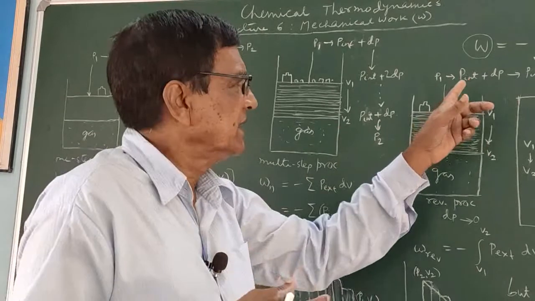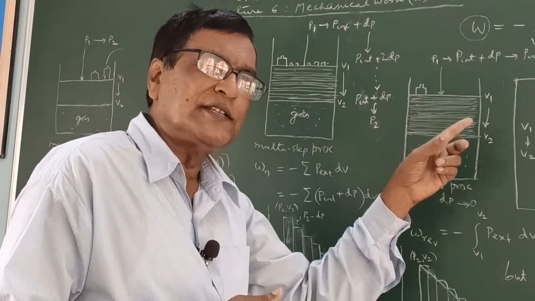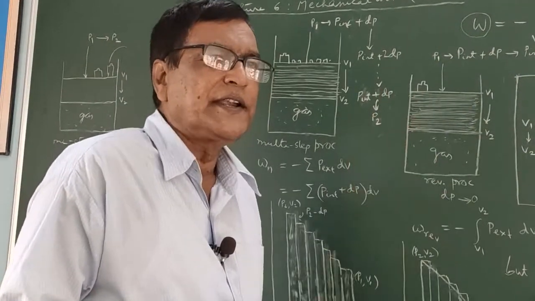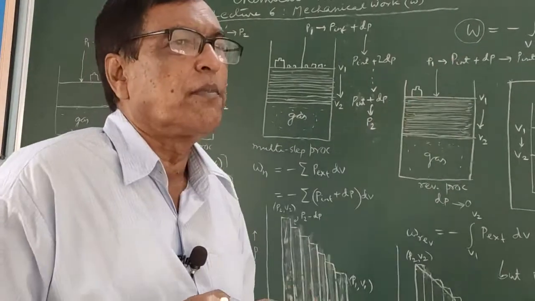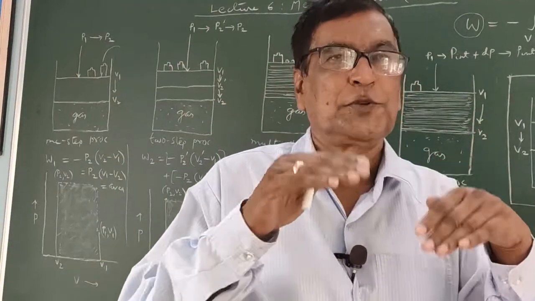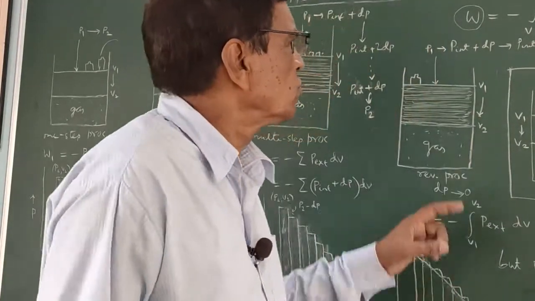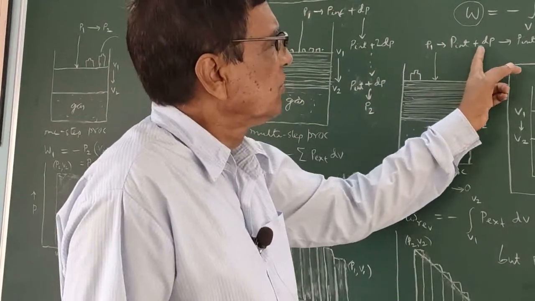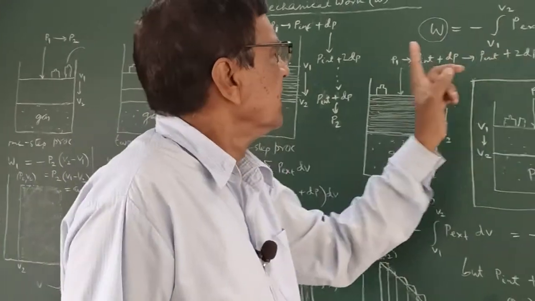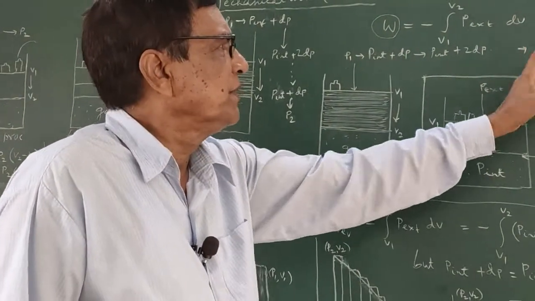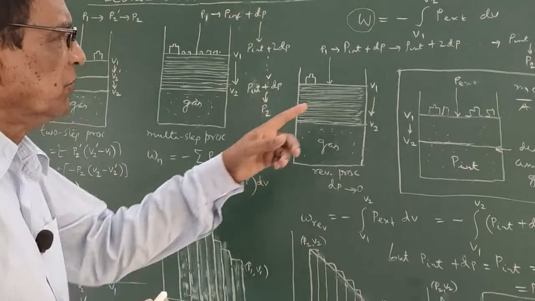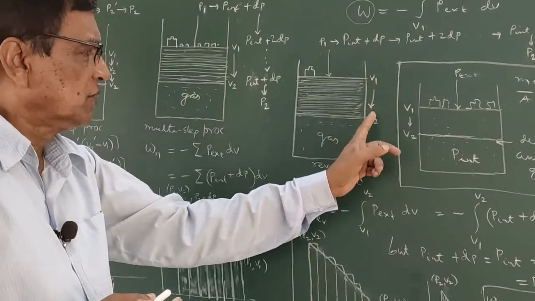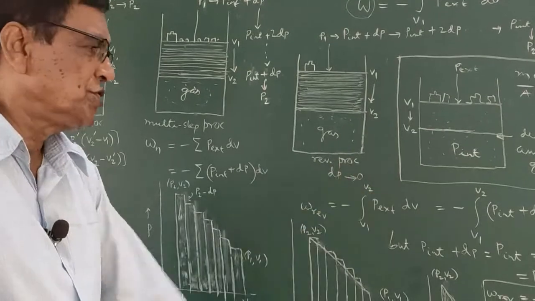One sand particle is added, and then another sand particle is added, another sand particle is added, meaning this external pressure is changing by an infinitesimal amount. And so in this case it will go on like this until the pressure becomes P2, the final pressure, and the volume changes from V1 to V2. Here dP tends to 0.